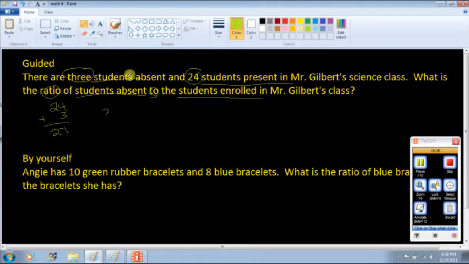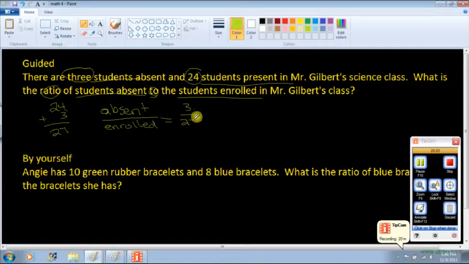Now let me do my words first. I'll put absent to students enrolled. Alright, so let's look. There's 3 students absent, and there are 27 students enrolled.